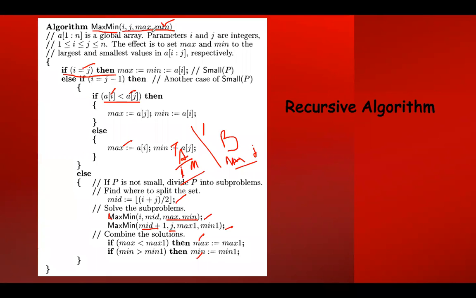Before you call, what should be the max and min value? See, initialize it to 0. Before you are calling this algorithm, initialize these two values to 0, because from here it will start assigning the values. Before calling that, you initialize it here also, initialize it to 0 while declaring itself. Here max 1 and min 1 also, while declaring itself, you initialize it to 0. Is it clear?